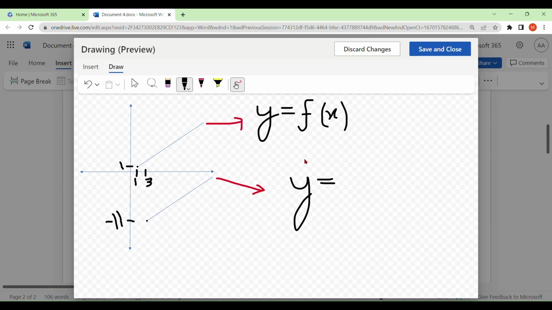For example, if there is a question and it asks us to state the type of transformation and the new equation. In this case, the initial equation of this graph was y is equal to f of x, or y is equal to x.